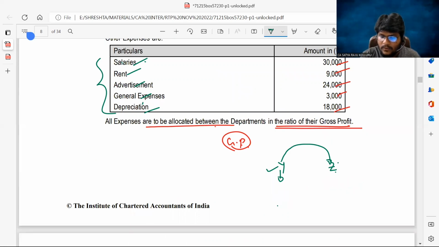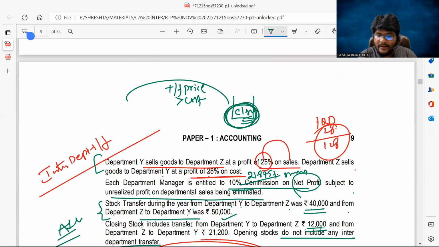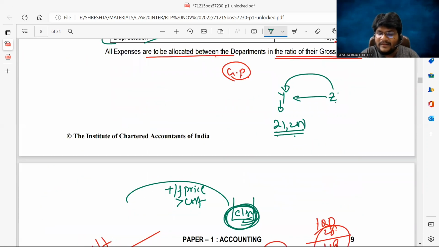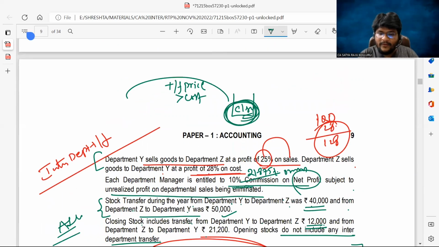So 21,200 closing stock is there in department Y, which was transferred from department Z to department Y. How much percentage are they adding as profit? 21.875% profit on sales. So this 21,200 is at selling price, and you can apply 21.875%.